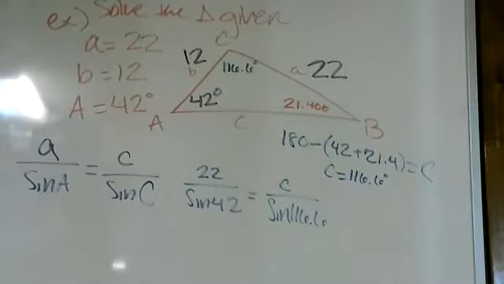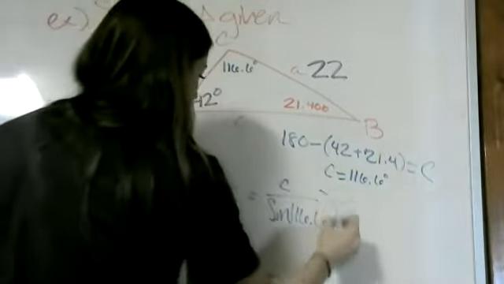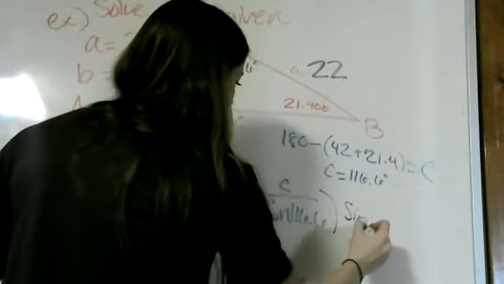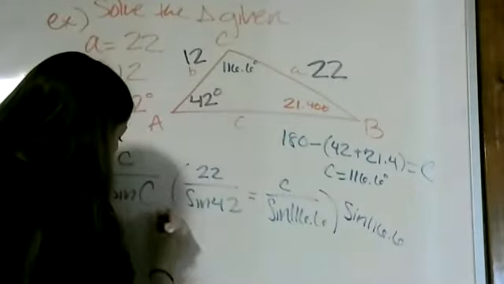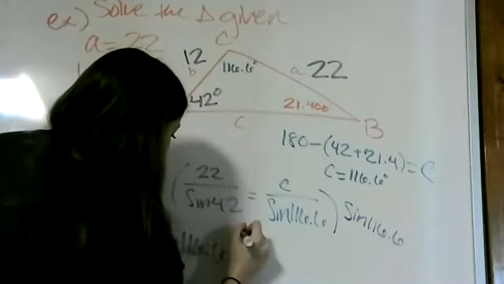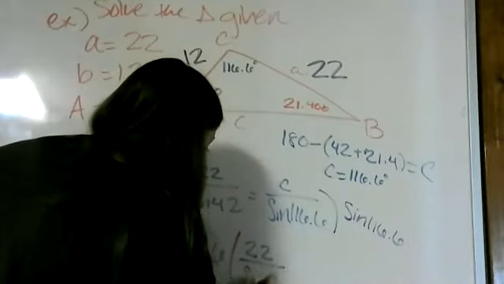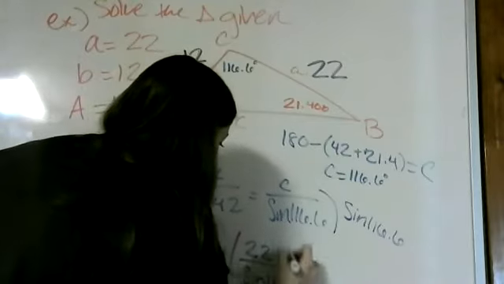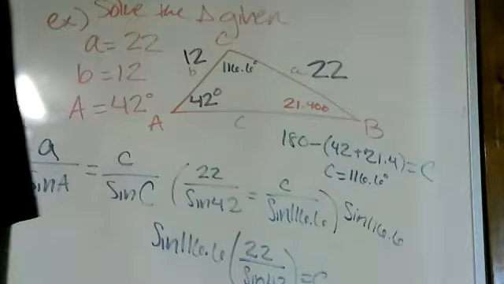So if we keep following through like we have been, we multiply each side by that denominator to get rid of it. We're going to multiply by sine 116.6. That gives me sine of 116.6 times the quotient of 22 over sine 42. And again, that's going to give me my actual C value.